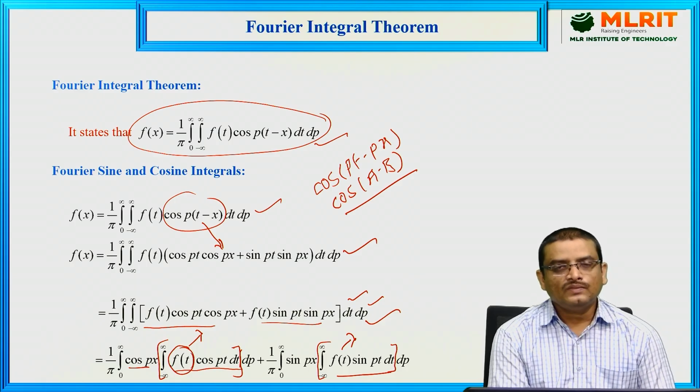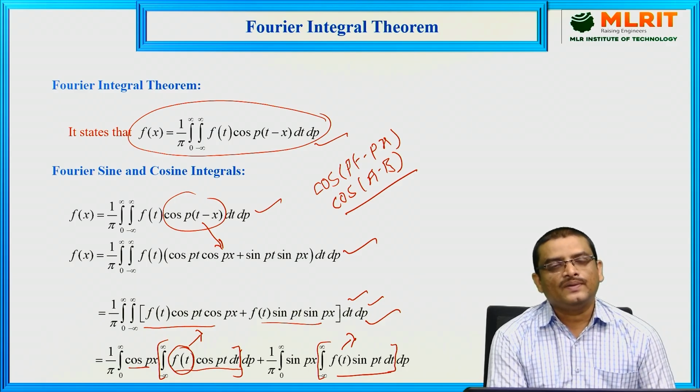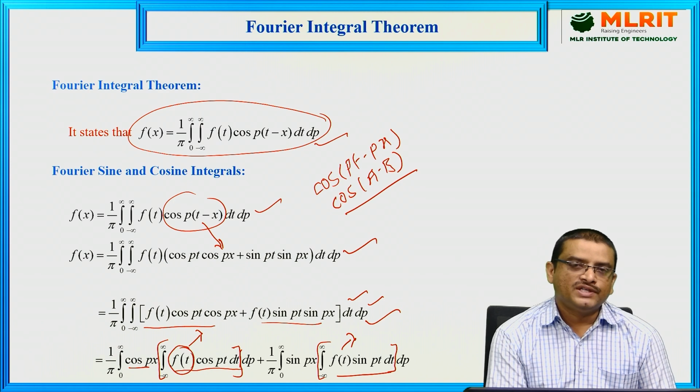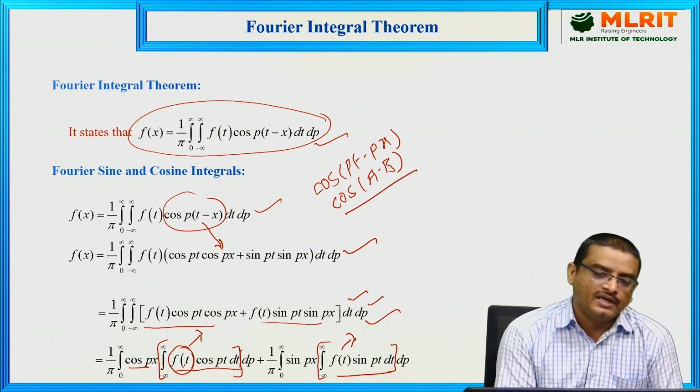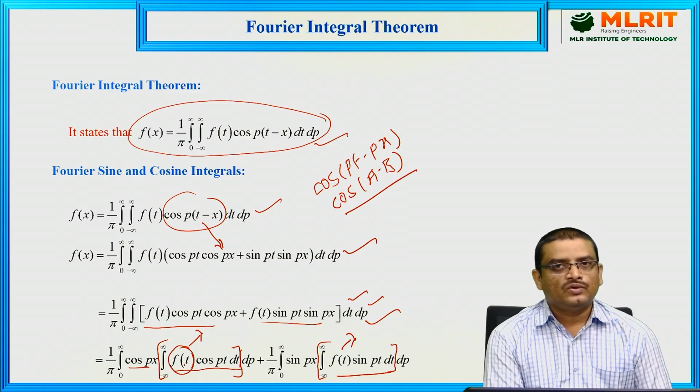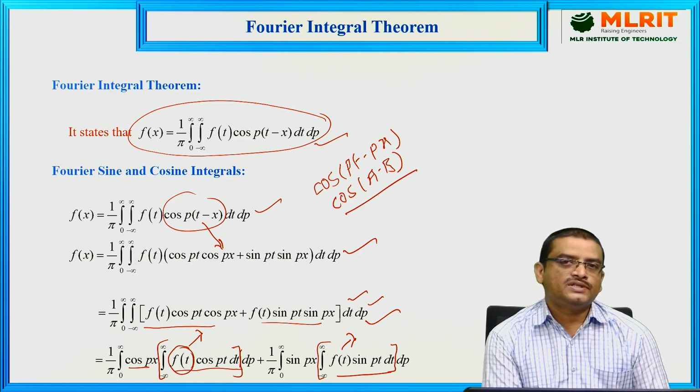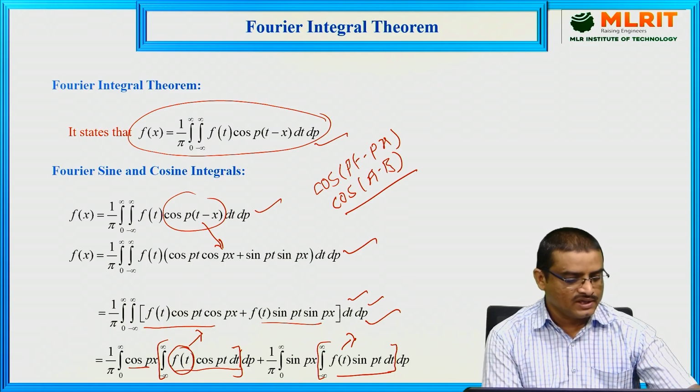Based on that we have the formula. If it is an odd function between the limits minus infinity to infinity, then directly we can take that integral value as 0. We have already discussed this in previous classes.